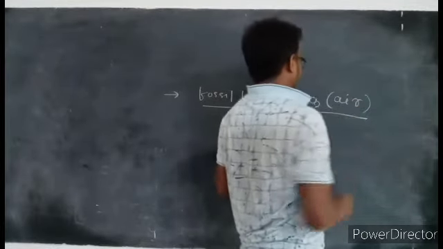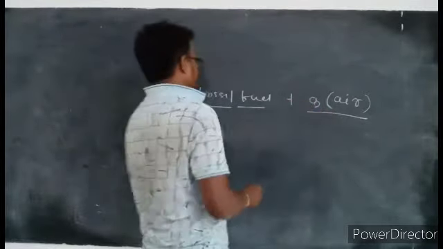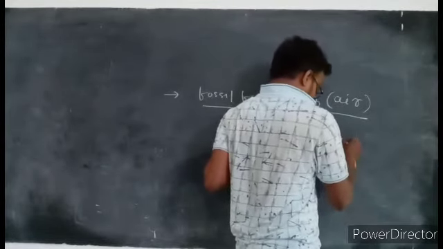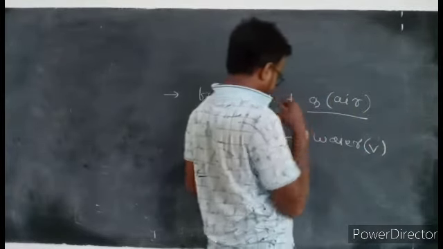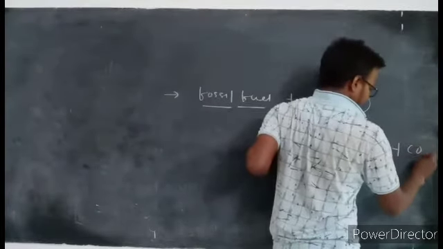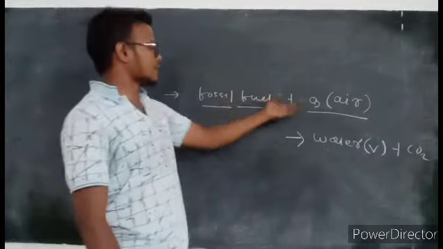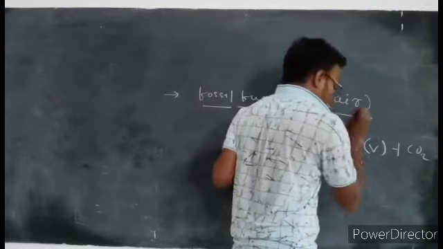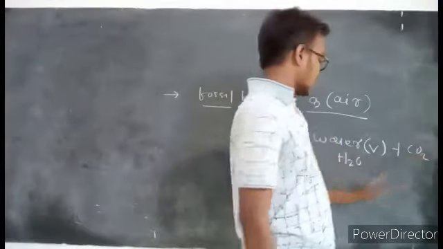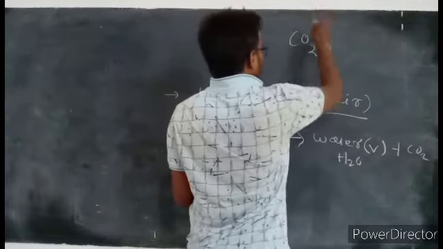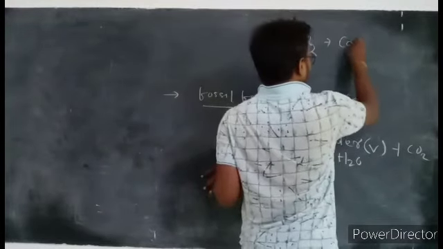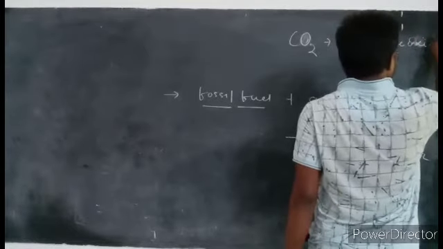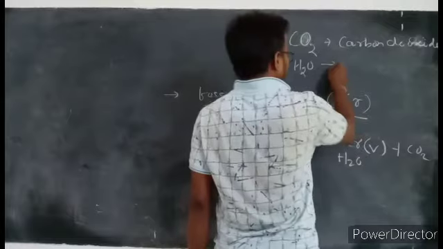Fossil fuel reacts with the air or oxygen and produces water vapor, that is H2O, and carbon dioxide, that is CO2. CO2 is carbon dioxide, and H2O is water.